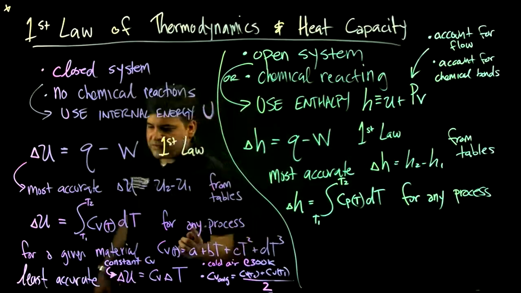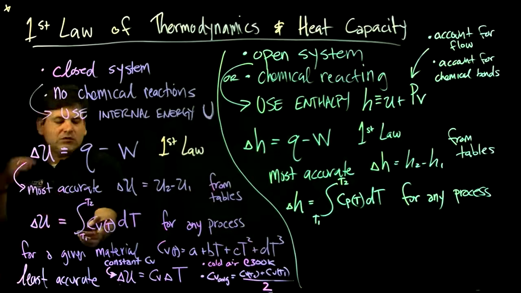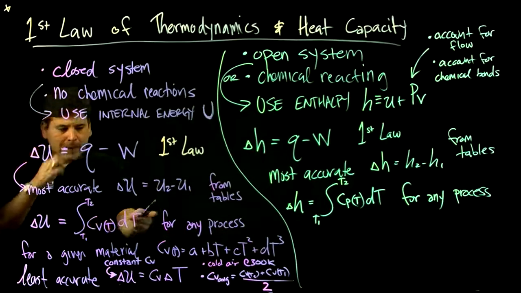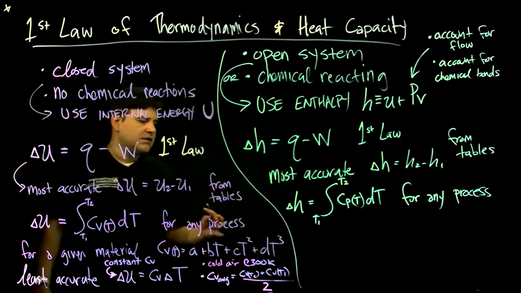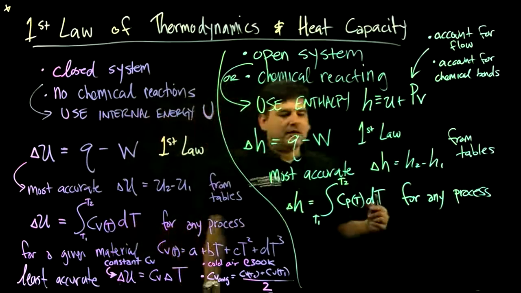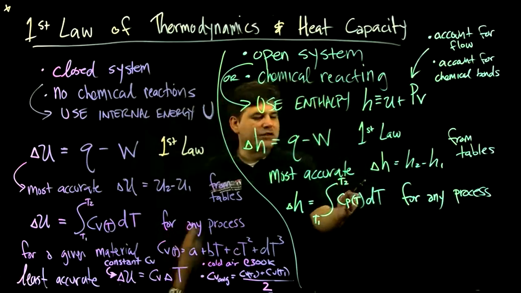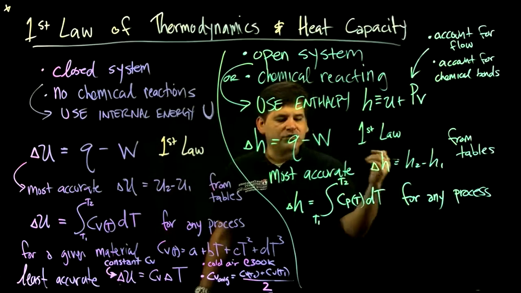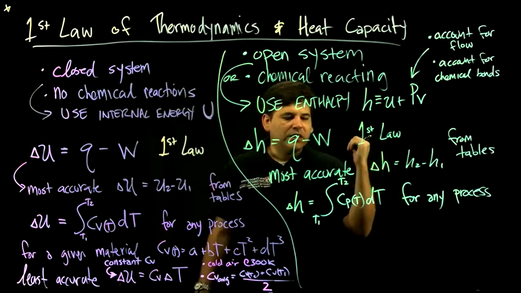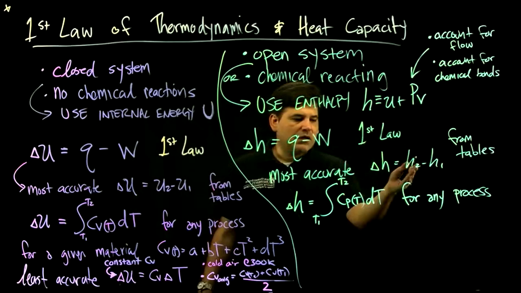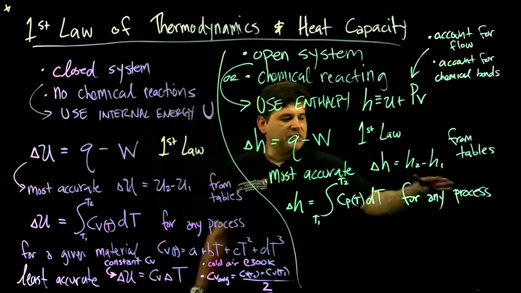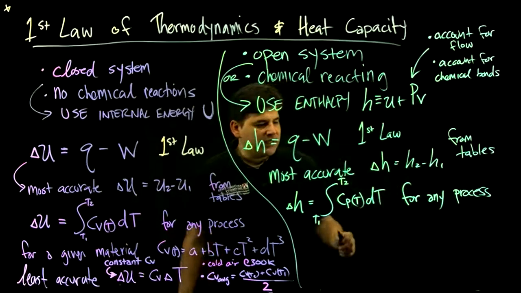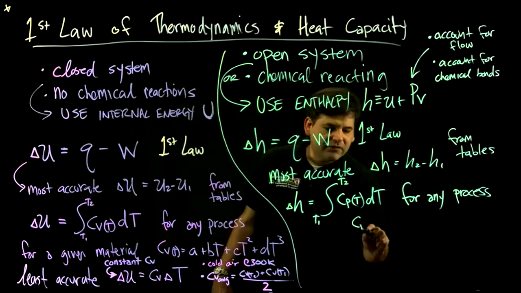For any process, you can say delta U equals the integral of Cv dT. And if you can capture this temperature dependence and then integrate it over the temperature range, it'll be relatively accurate. Depending on how detailed this equation is, you can meet the accuracy of the tables.